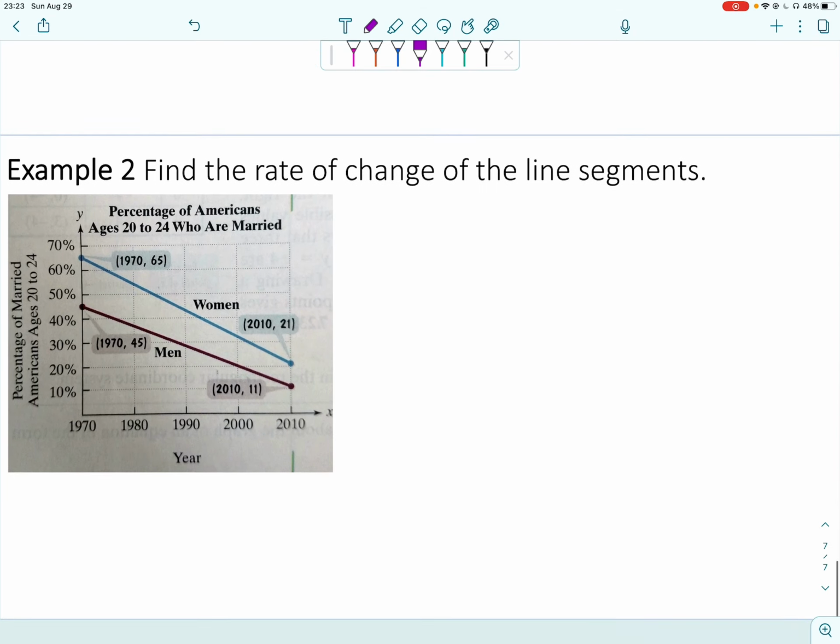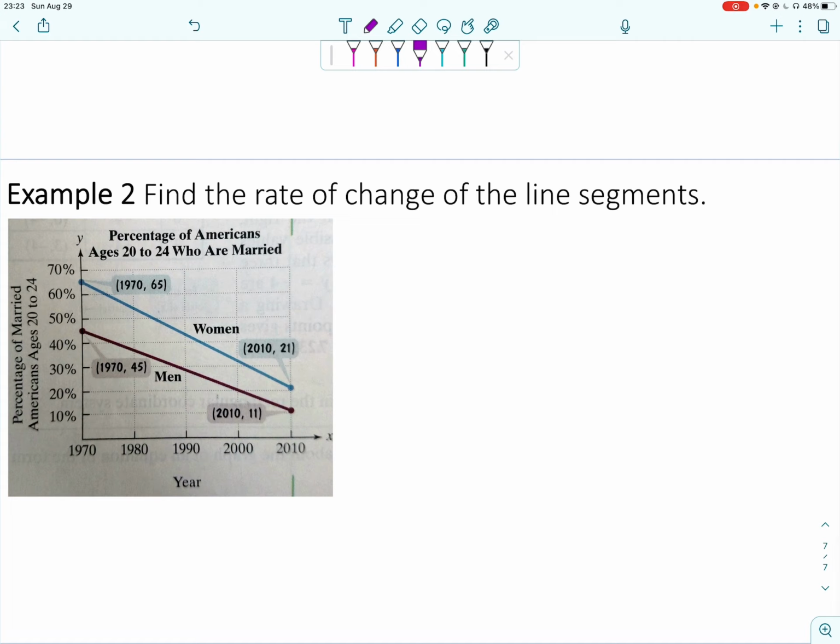So we're going to look at an example of finding the rate of change, and this time we have an actual graph that we're looking at. So looking at the graph, the title is percentage of Americans ages 20 to 24 who are married. Okay, so we're looking at people in their early 20s who are married. I see a blue line for women and a red line for men.